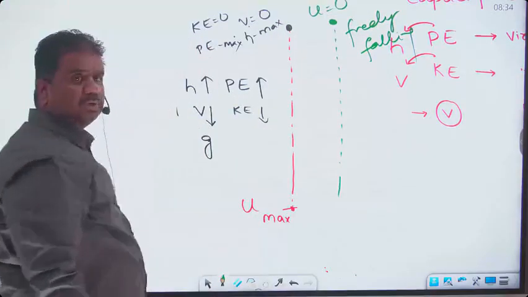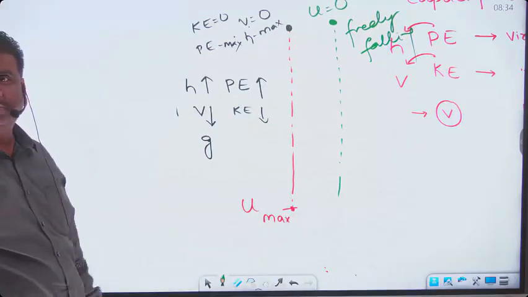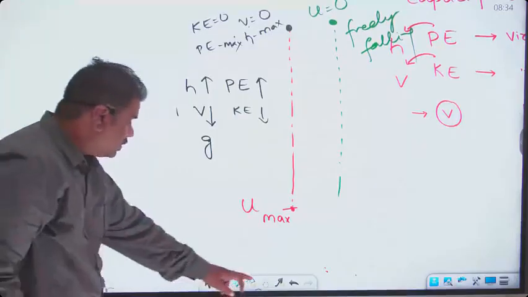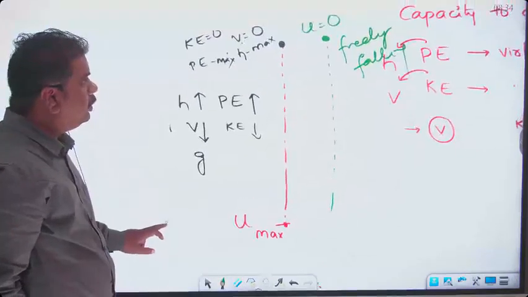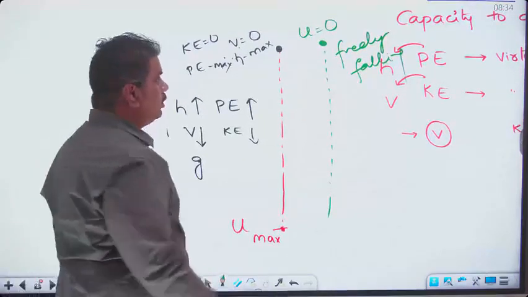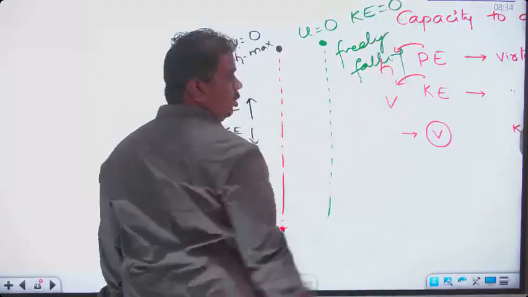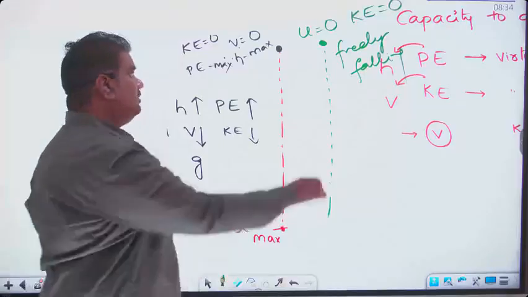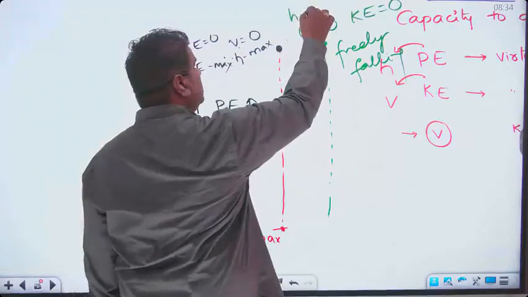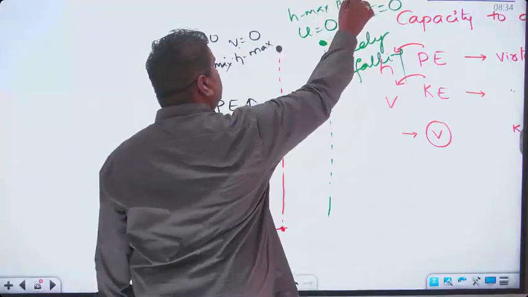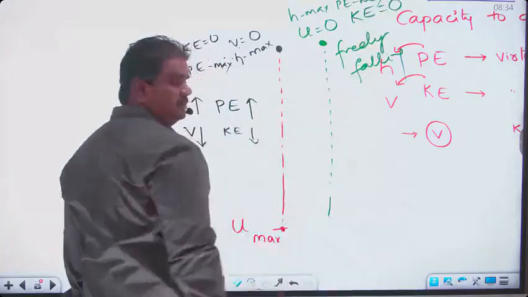Always equal to zero. u value is always equal to zero for a freely falling object. So if u value is equal to zero, initial velocity is equal to zero, it means kinetic energy is equal to zero. Then at this particular point, height అనేది maximum కాబట్టి even the potential energy is also maximum in this one.